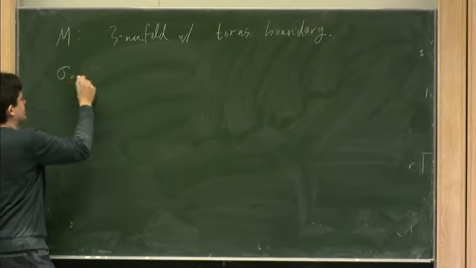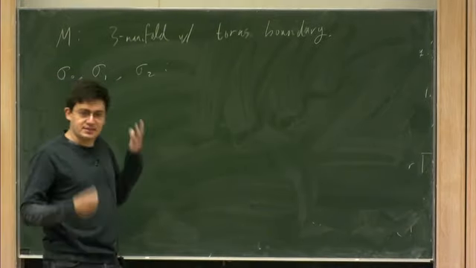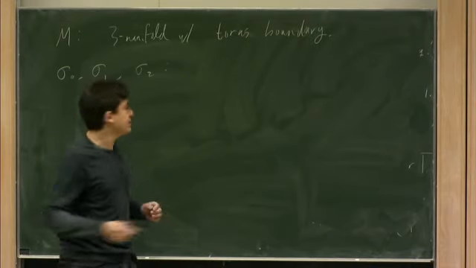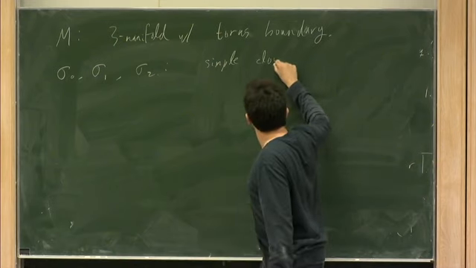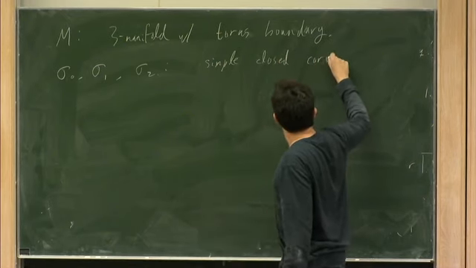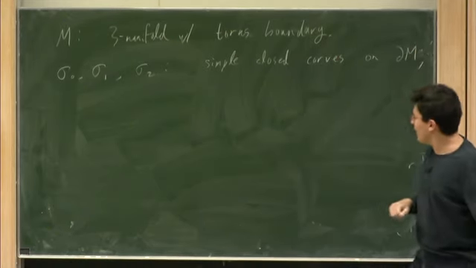So sigma 0, sigma 1, and sigma 2 are going to be slopes. That is to say, simple closed curves on the boundary of M.